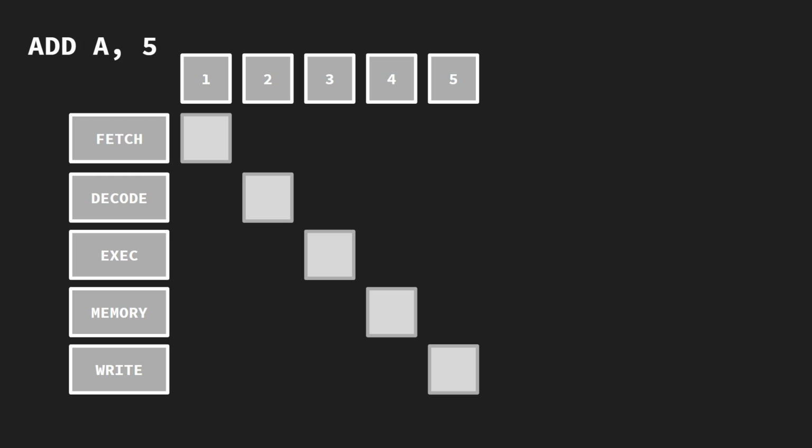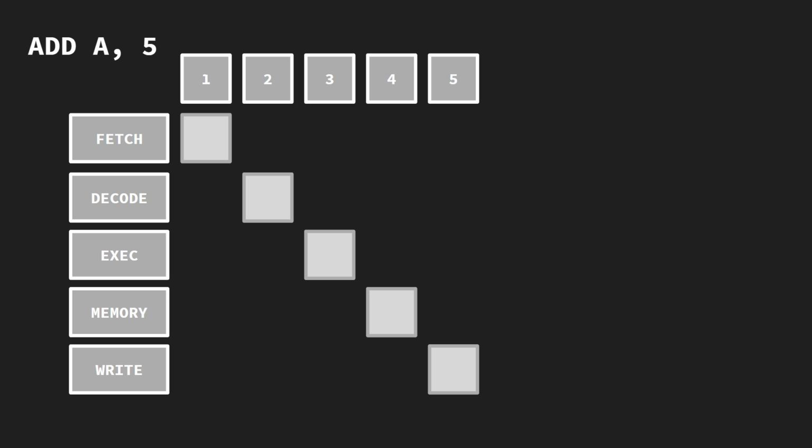So when we are doing the decode in the second cycle, the fetch part of the system isn't doing anything, just wasting a whole cycle, sitting around waiting for something to come in. It's going to waste 4 cycles. Yeah, in total. And the same thing for execution. It's waiting 2 cycles, and then it gets to do something, and then it's waiting 2 cycles again.